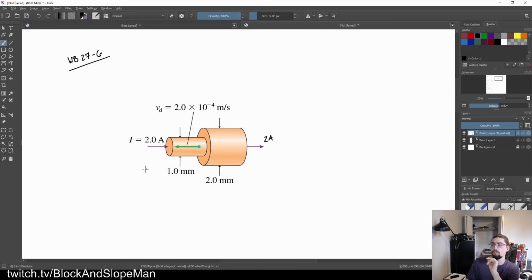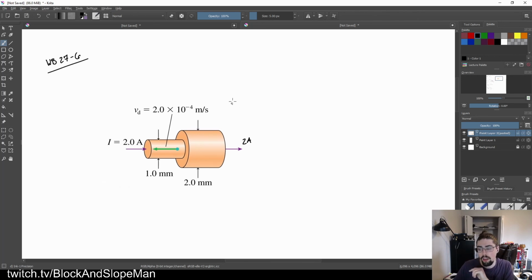So finding that drift speed is going to be a little bit more challenging, though. Let's take what we know about what's going on with this current. One of the equations that I came up with last time was that if we take the electron current, written out like this, then multiply both sides by e, what I get is conventional current is equal to n_e times cross-sectional area times v_d times the electron charge.